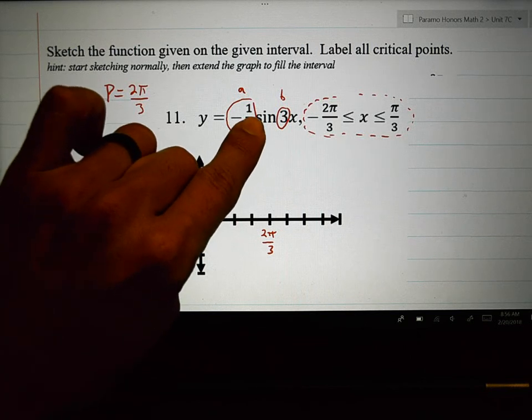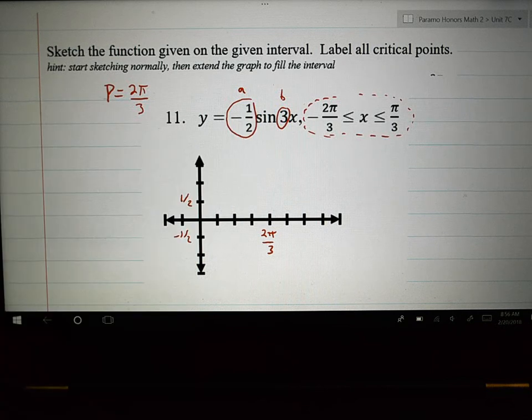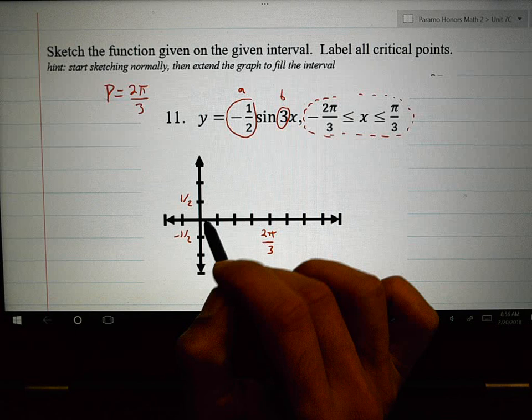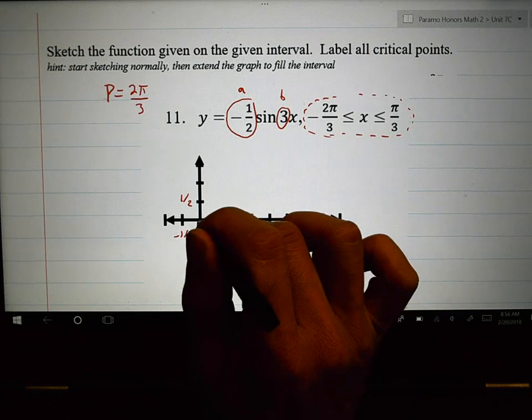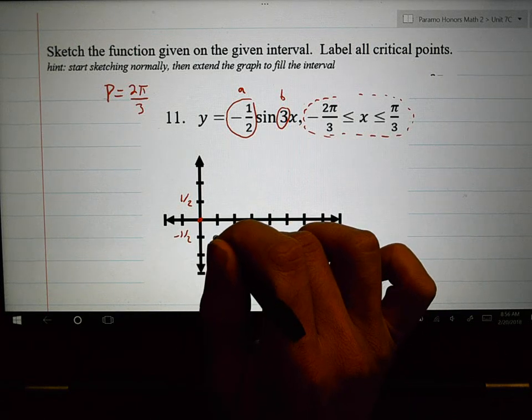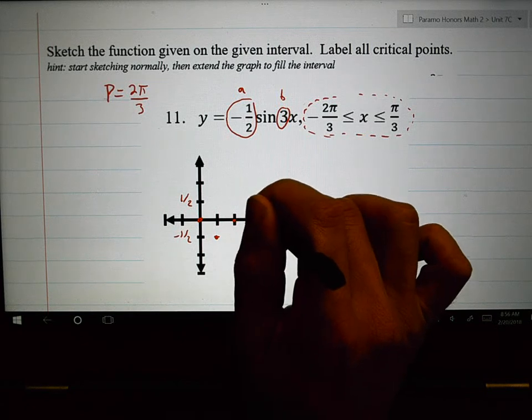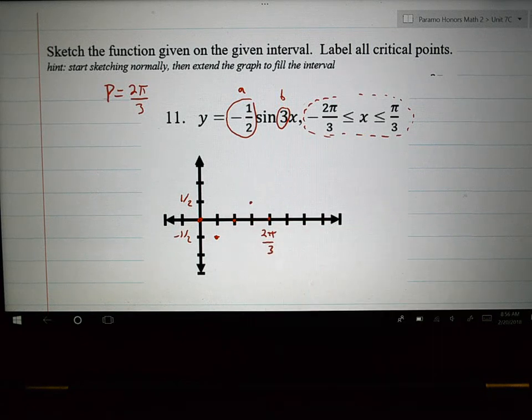Do you remember this A value, what that makes you do? Hoping you see. I'm going to write down my 4 quartiles: midline, negative extrema, midline, extrema, midline. And I just put those 4 dots there because I just want to know what this sine graph is doing. That is that.